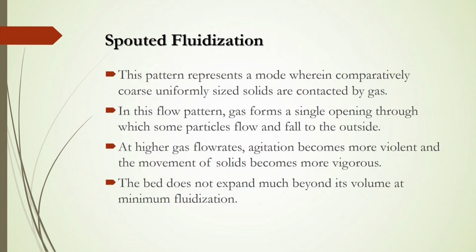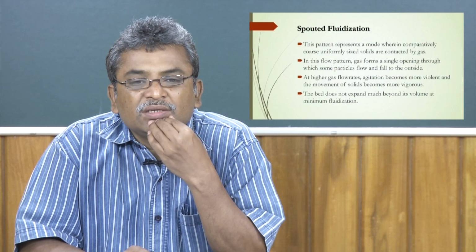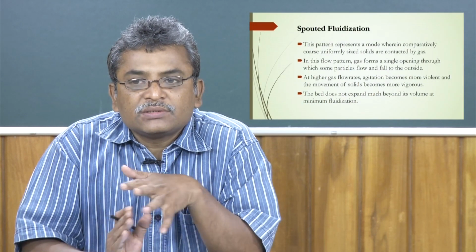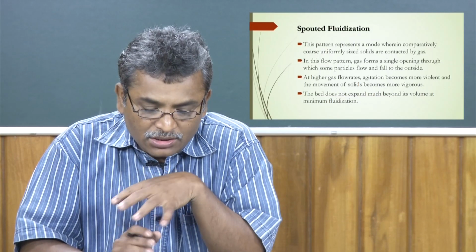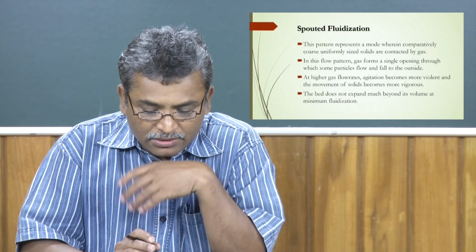And then spouted fluidization, this is another important fluidization regime here. This pattern represents a mode wherein comparatively coarse, uniformly sized solids are contacted by gas. In this case, you will see that the solid or particle size will be a little bit higher than the other particles.